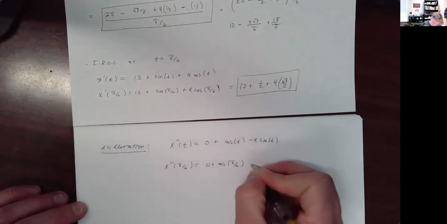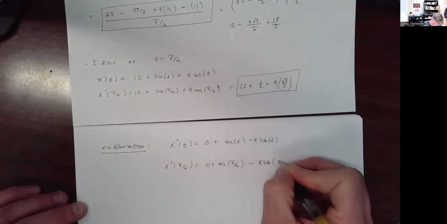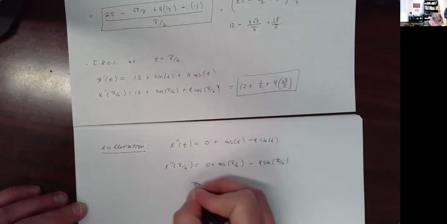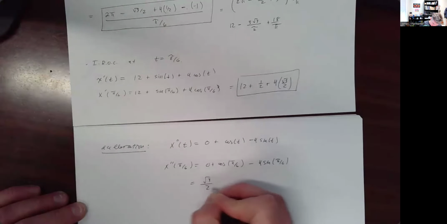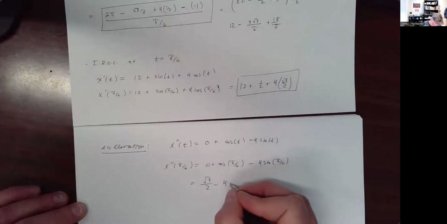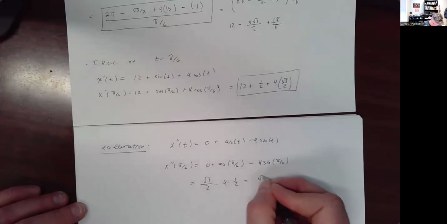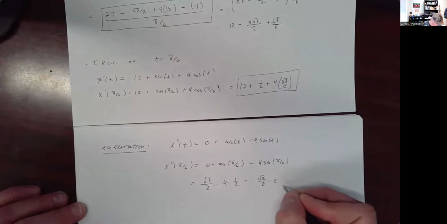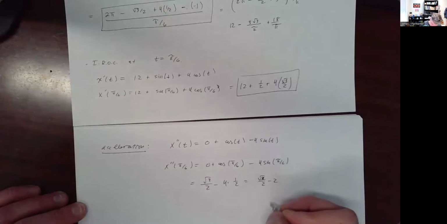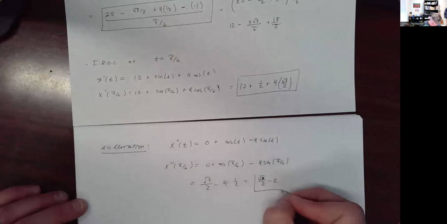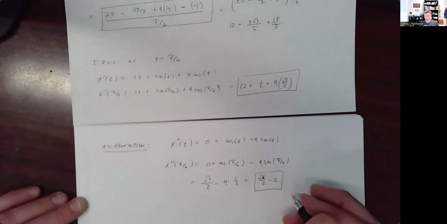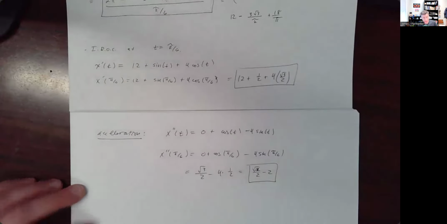This feels more like a problem of, can you find trig functions of values? That's going to be cosine pi over 6 minus 4 times sine of pi over 6, which is going to be root 3 over 2 minus 2. I wouldn't worry about the fact that this is negative. It's not a big deal.